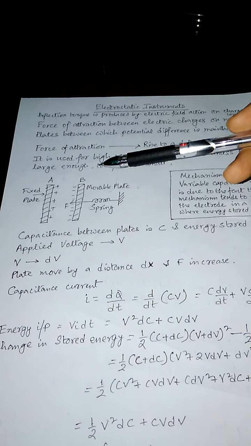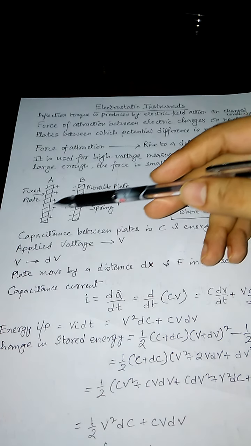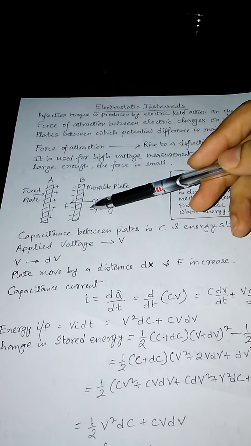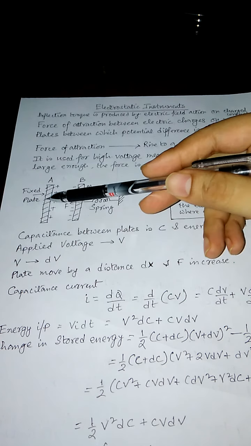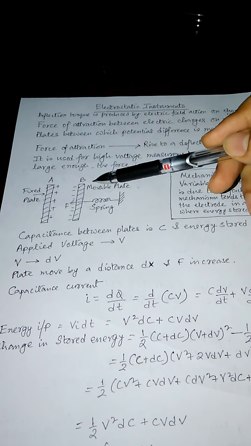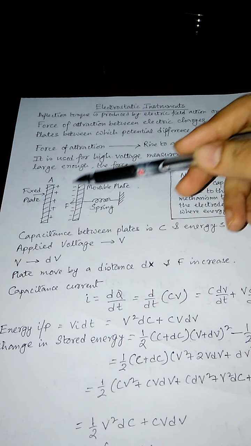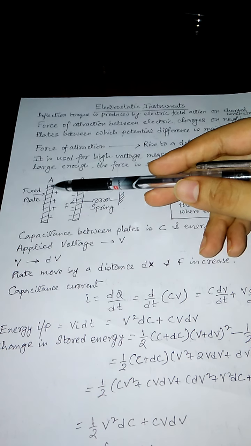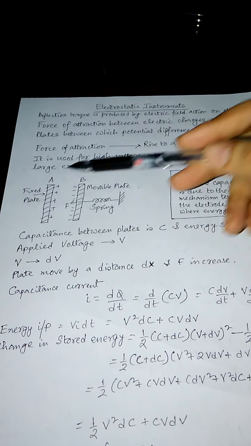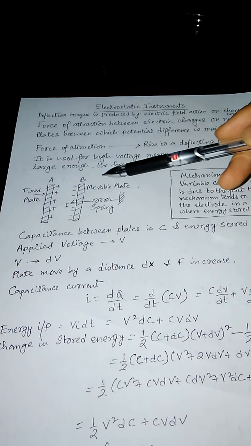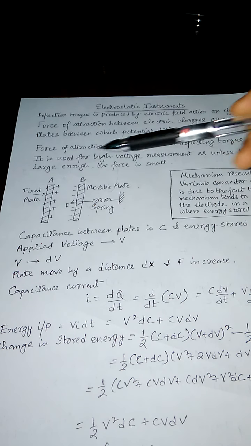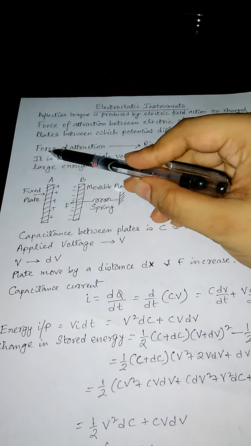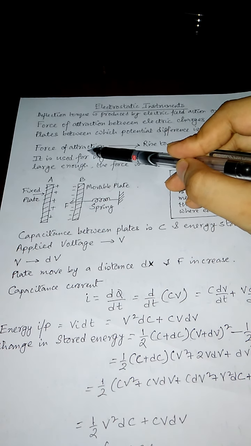We know that when the two plates have different charges, there is a force of attraction. The fixed plate stays fixed, and the movable plate is going to move towards the fixed plate due to this attraction, which we call the force of attraction.